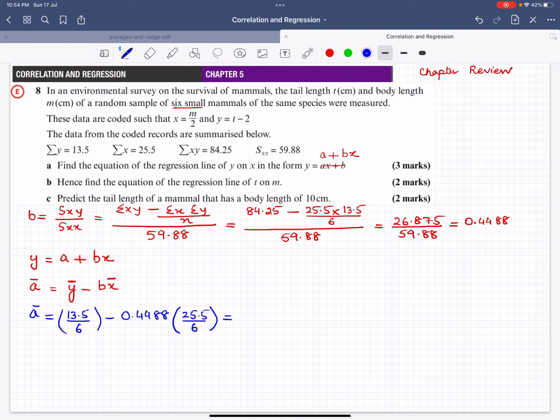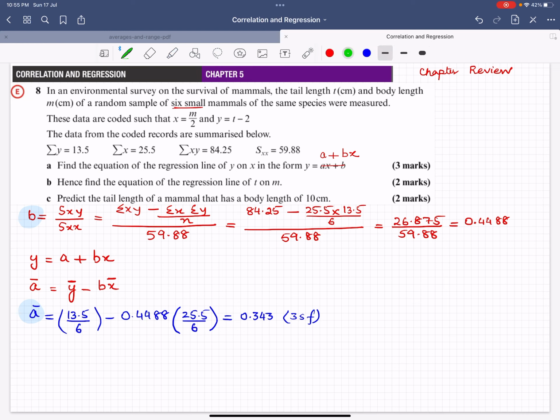When we work all of this out, we get the value of a as 0.343 to 3 significant figures. Now that we have the value of a and the value of b, we can plug these values in and complete the regression line.